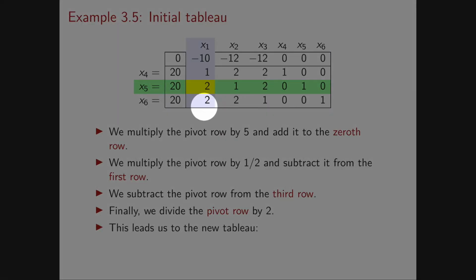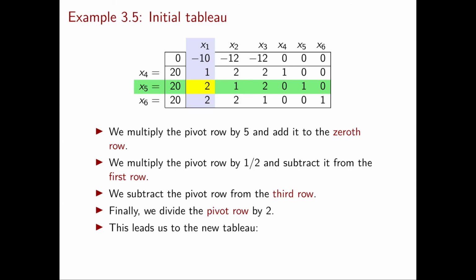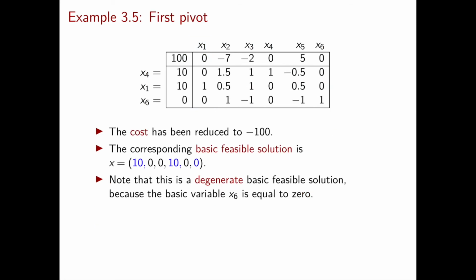To obtain a 0 in the last row, I simply need to subtract the pivot row from the third row. And finally, to obtain a 1 in the pivot element, I simply need to divide by 2 the pivot row. If you perform all these elementary row operations, you will obtain this new tableau.